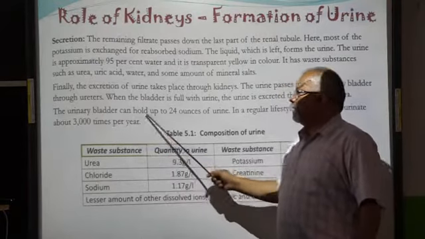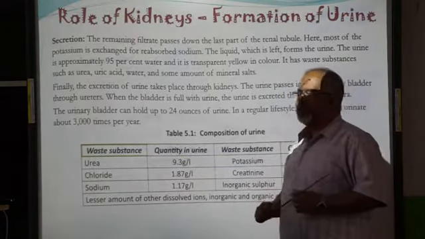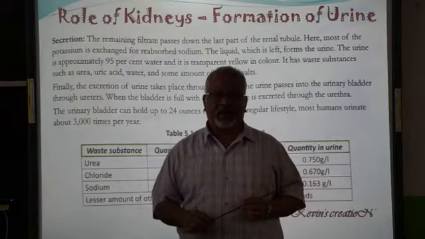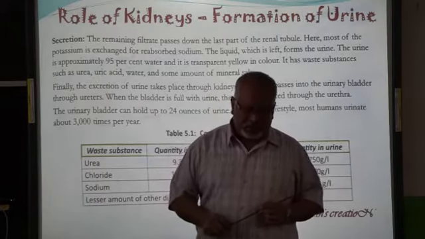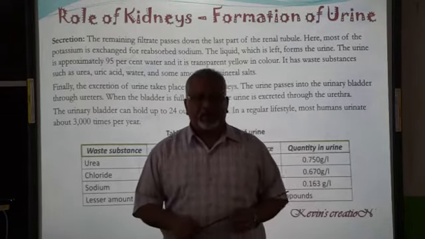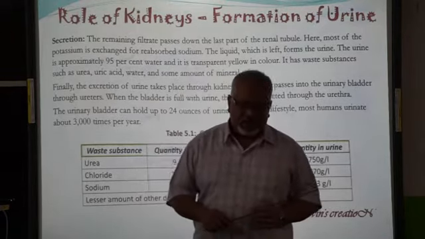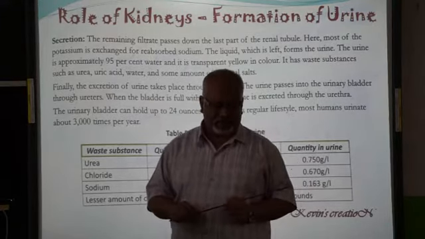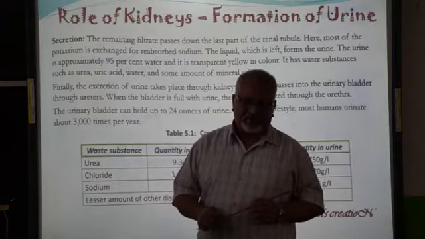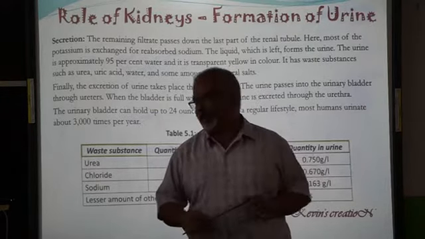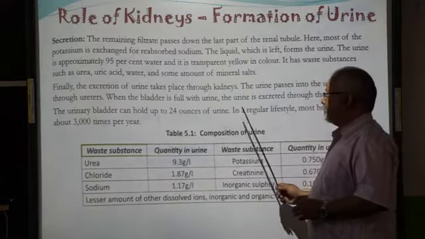The urinary bladder can hold up to 24 ounces of urine. The capacity of the urinary bladder is 24 ounces. If you convert it into milliliters, it is 709.765 to be very specific. You can say 710 ml is the capacity approximately.